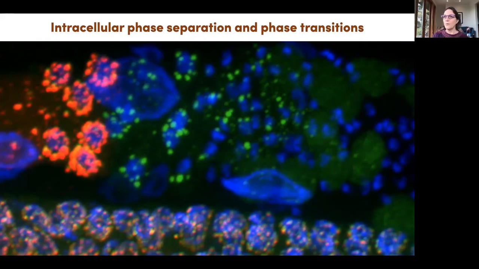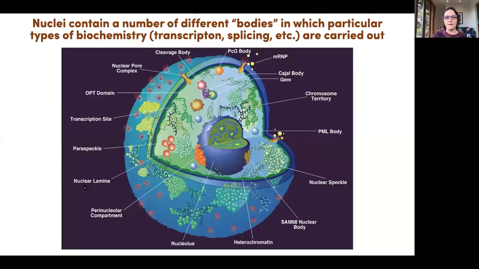Okay, so I actually kind of touched on this. I sort of skipped this part in talking about nuclei. We talked about chromosome architecture and the nuclear lamina and the nuclear envelope and nuclear pores.